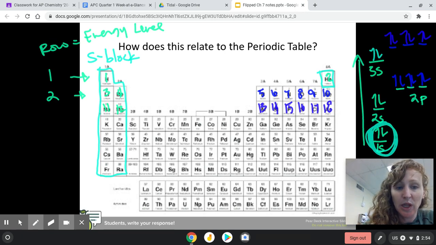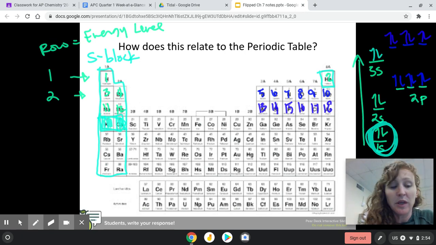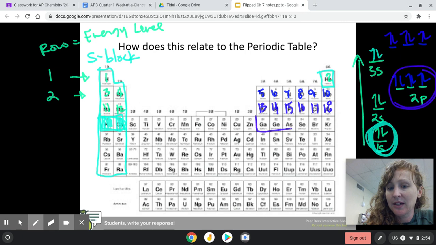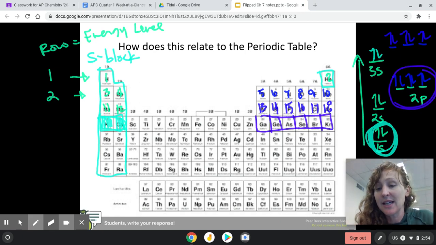The S block is two elements side to side. The P orbital can hold 6 electrons, and the P block, 1, 2, 3, 4, 5, 6, is 6 elements over.